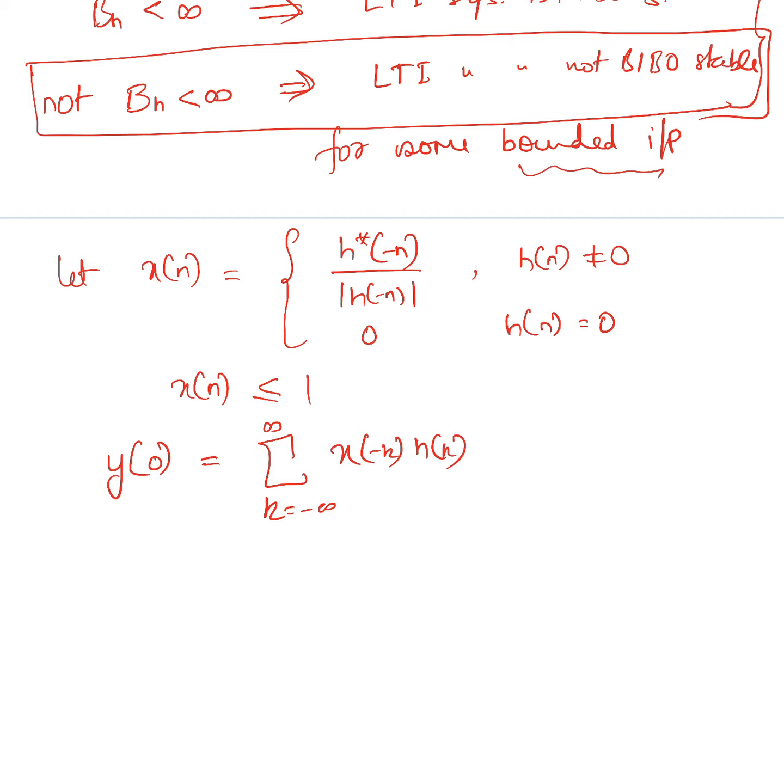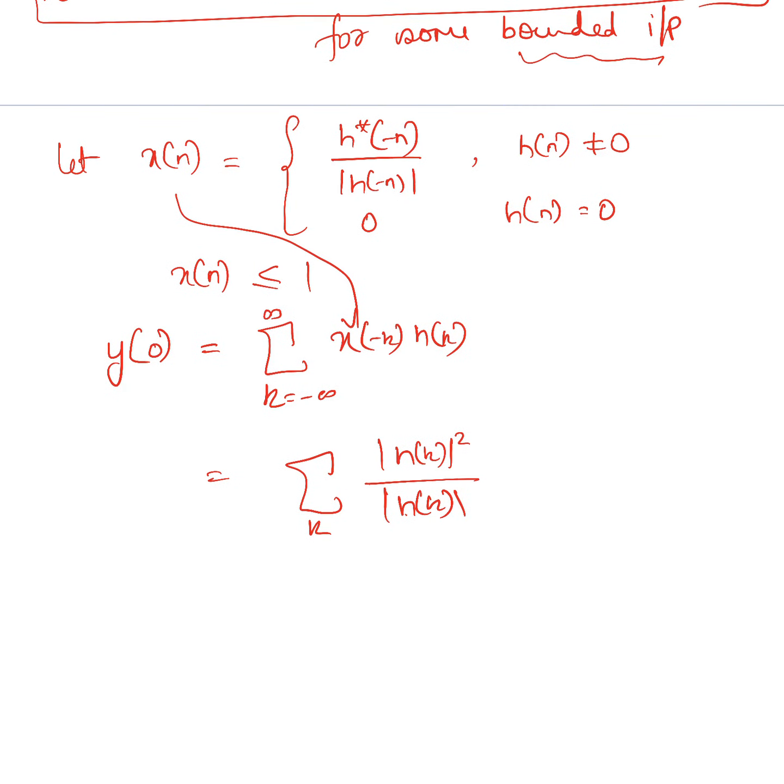Now substituting x of n, you will get the summation over k of mod of h of k squared divided by mod of h of k, which in fact is some number Bh.